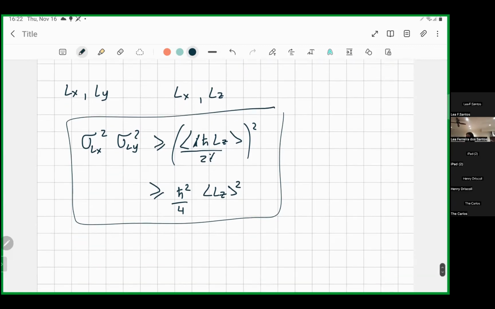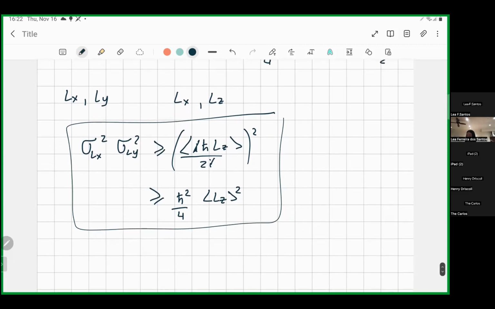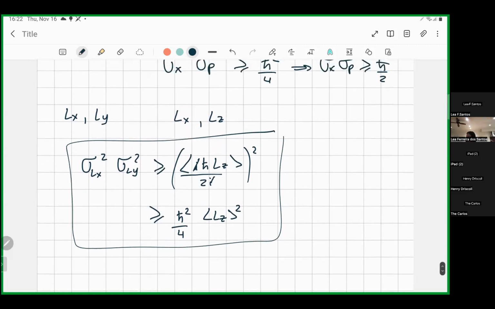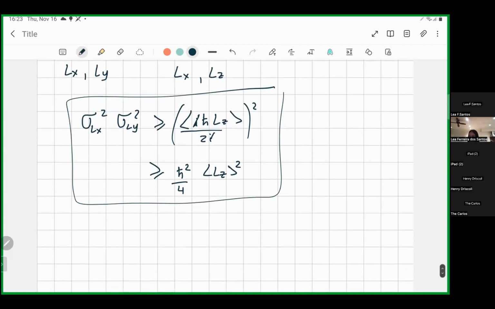So if they do not commute, if they are incompatible observables, we cannot measure them at the same time with absolute precision, and they do not have the same eigenfunctions. If operators do not commute, they have different eigenfunctions.